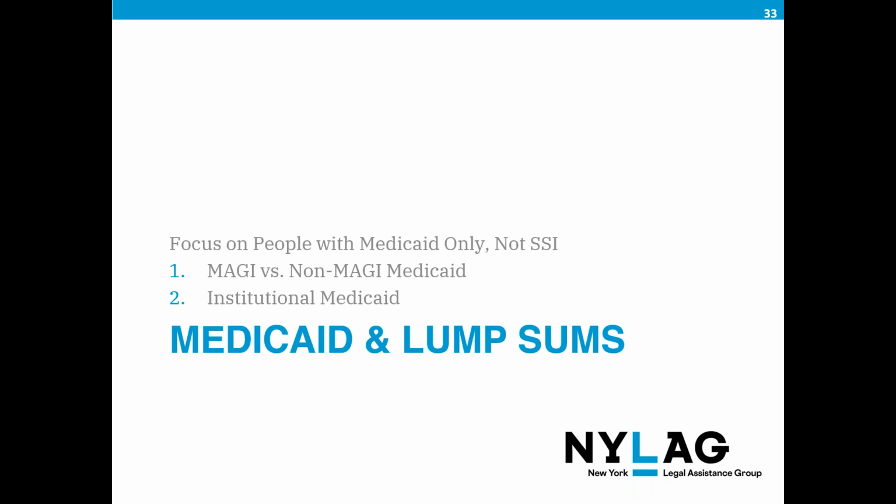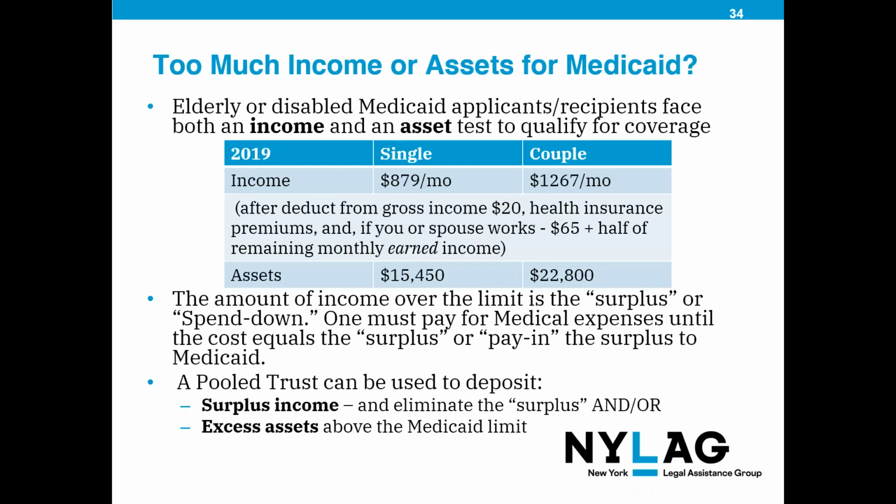And even within Medicaid, they are not the same because we have different types of Medicaid for different categories of people. So some review about that. The main clientele of people participating in this webinar are either elderly, age 65 or over, or have been determined disabled.